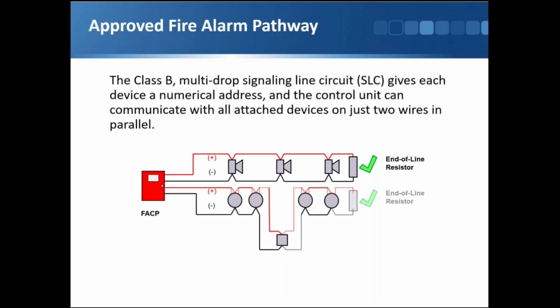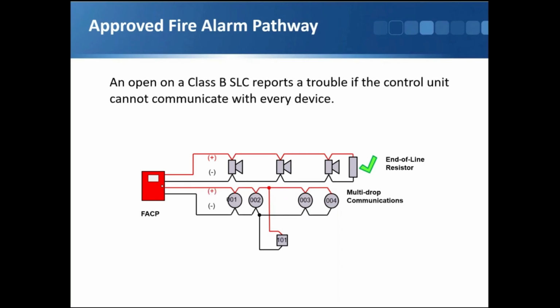So with the SLCs, as I said, all the devices will report in their little ID numbers. And if for some reason there's an open and it can't see those extra numbers, now we have, again, this communication method. And we're using the fact that we can't talk to the device to indicate that there's a trouble, but we're really still talking about the wires.